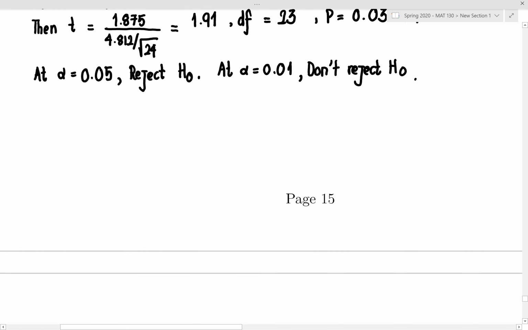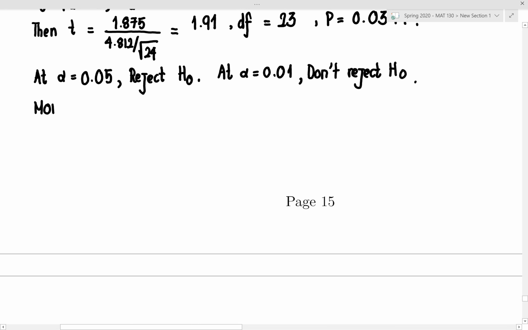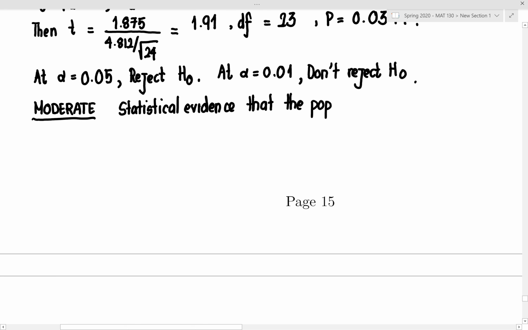So what this means is the data provides moderate statistical evidence that the population mean difference in ages between husbands and their wives is greater than 0.